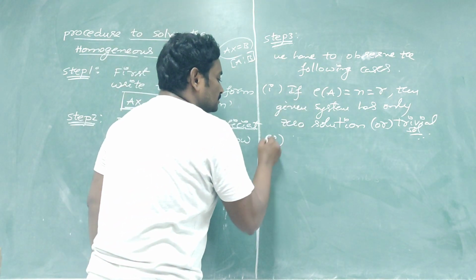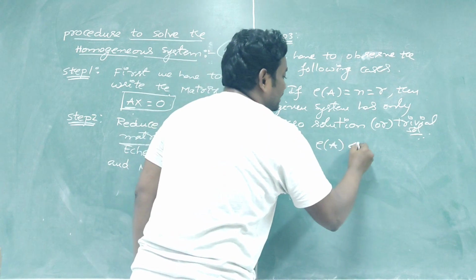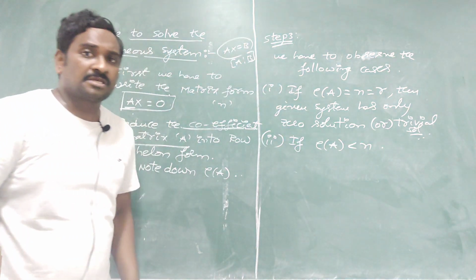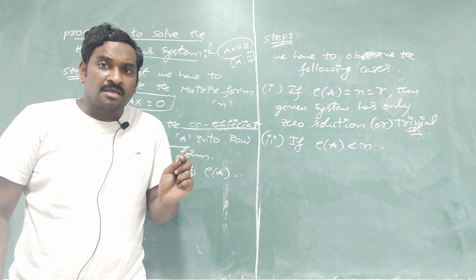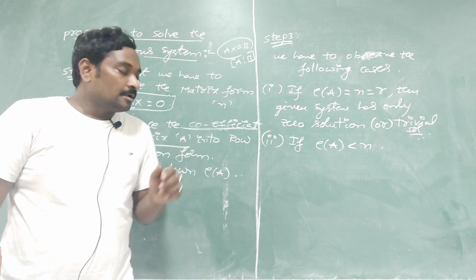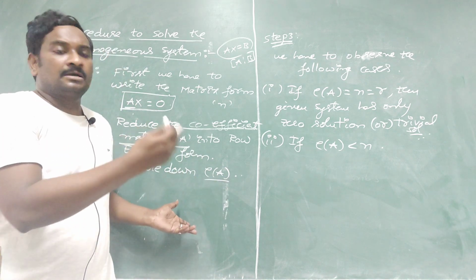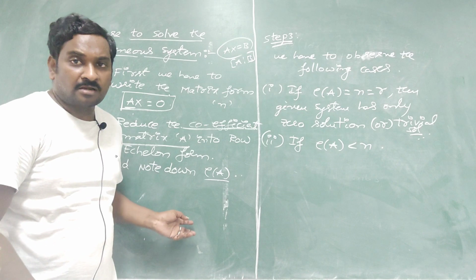Suppose we get rank of A is less than the number of unknowns. Suppose n is 3, the number of unknowns is 3, x, y, z may be involved in the given system of equations. If we get rank of A equal to 2, so 2 is less than the number of unknowns 3.